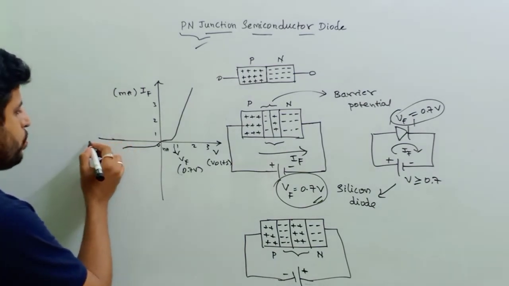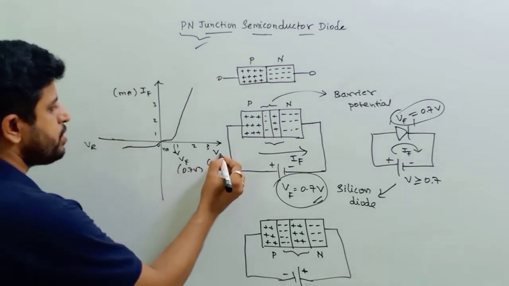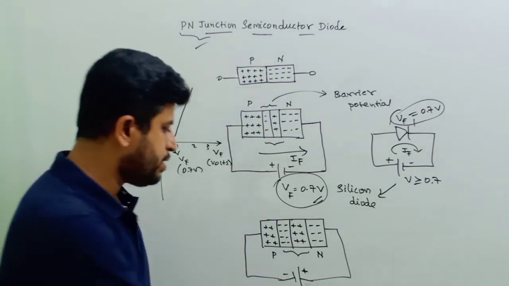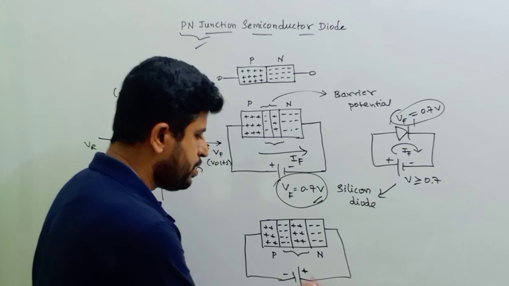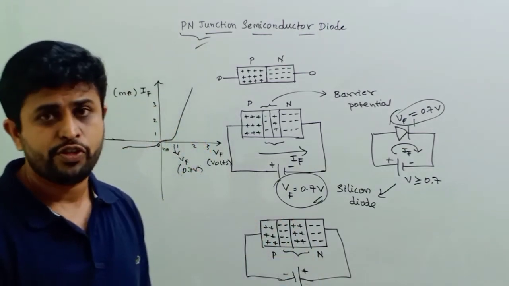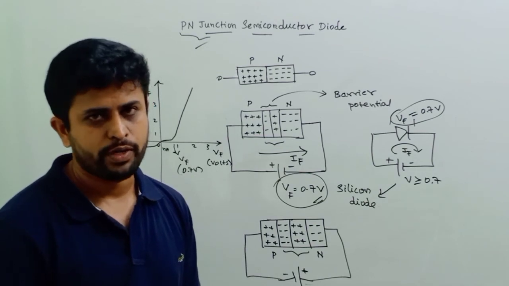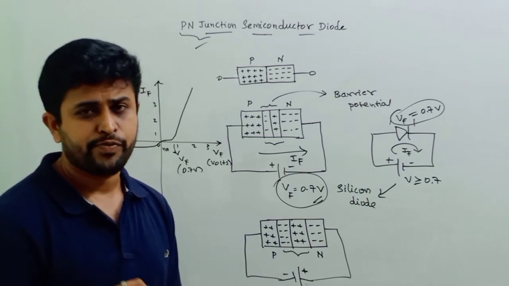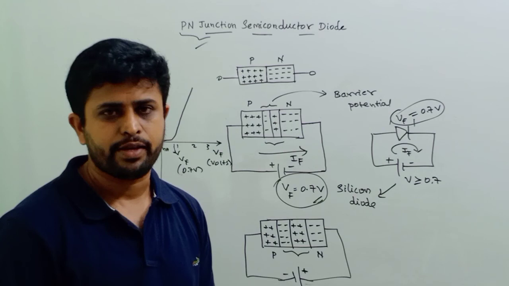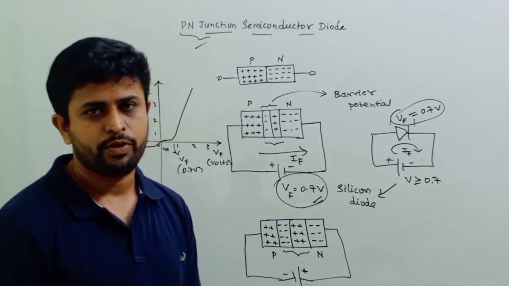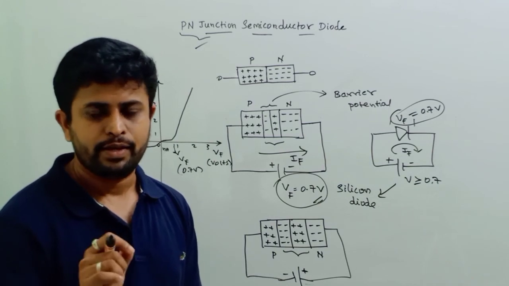This is our VR and this is our VM. So up to certain VR, we can say this diode acts as a switch off because no current flows from P to N in the forward direction, and even though the current is flowing because of minority charge carriers, that is very small, negligible, almost equal to zero. So we call that in nanoamperes, right?